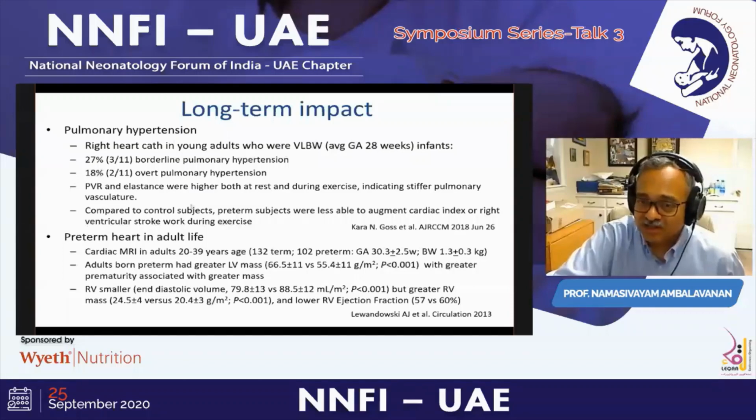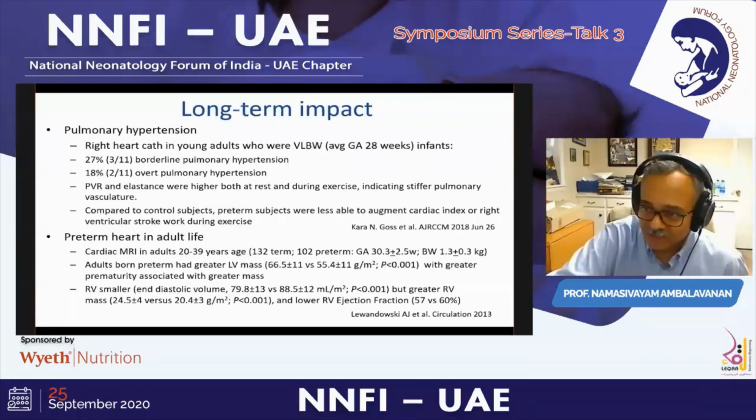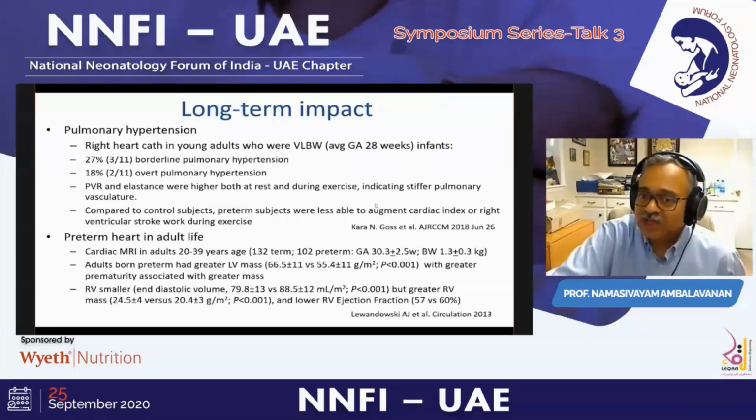Their parameters indicated stiffer pulmonary vasculature, and they were less able to augment cardiac index. So even if they are not on oxygen, if they're not on medication, all our preterm infants, when they become young adults, are likely to have some evidence of pulmonary hypertension. It's not something that becomes totally normal. They do have some persistent abnormalities.